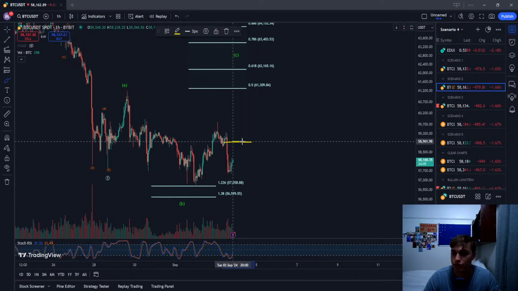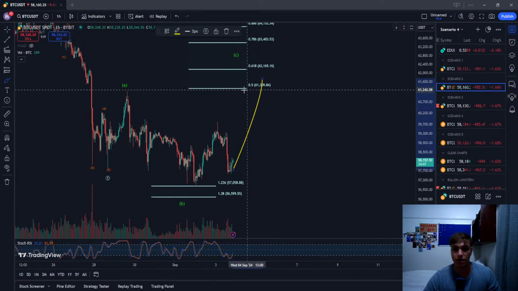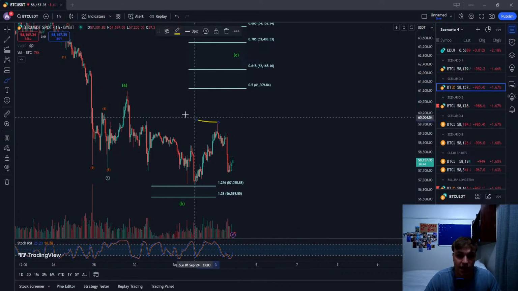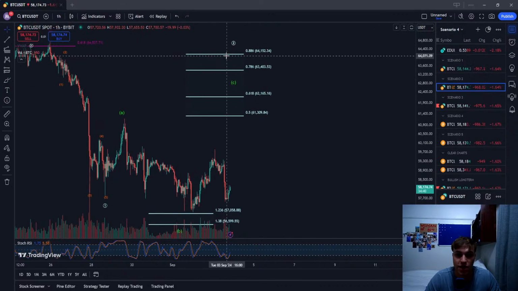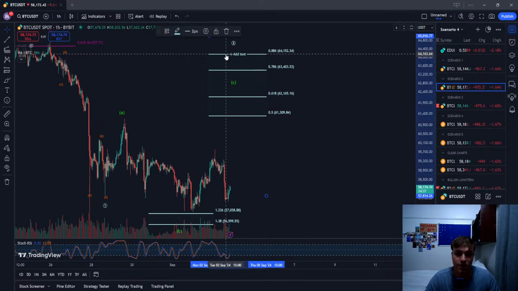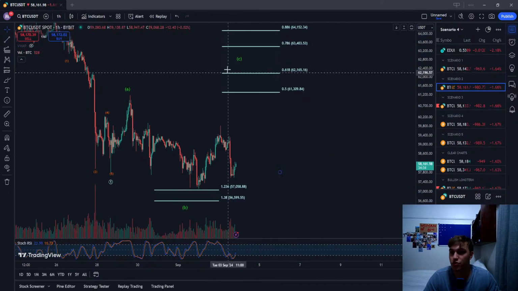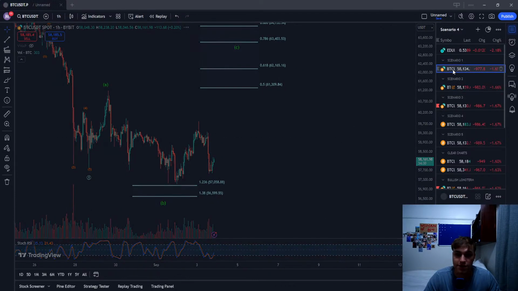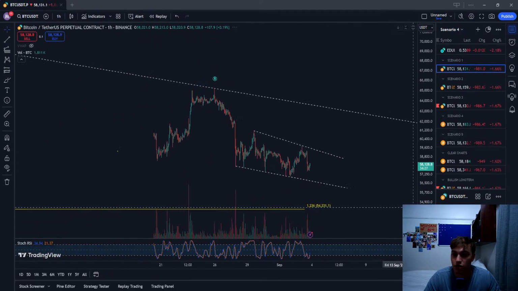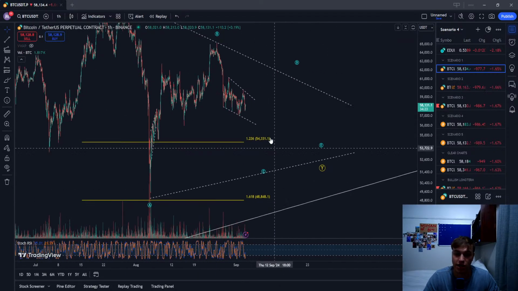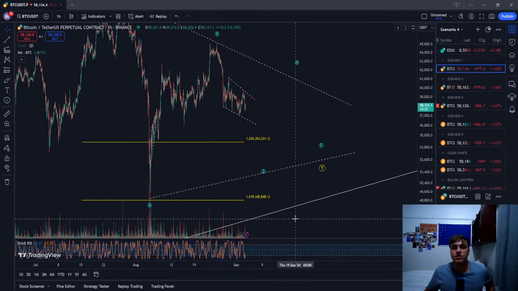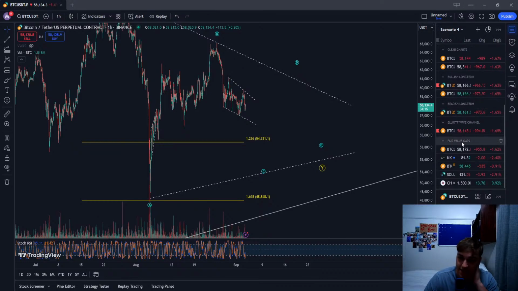So if we cross 58,700, this structure becomes more likely to take this high, take the 886 in our other scenarios, wave 2, and get into this target box here. So do watch out for that. But in the larger degree, we have this triangle, which is possible, or the larger move to the downside. So do be aware of both scenarios, but those are the ones we are sitting at the moment.